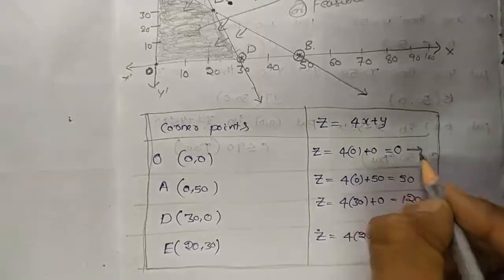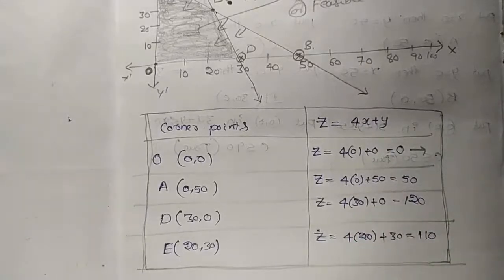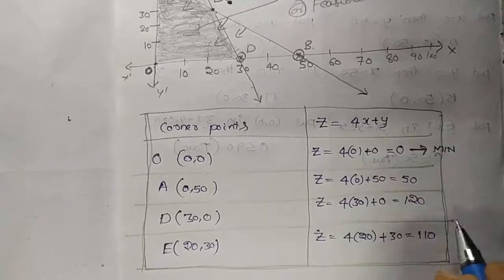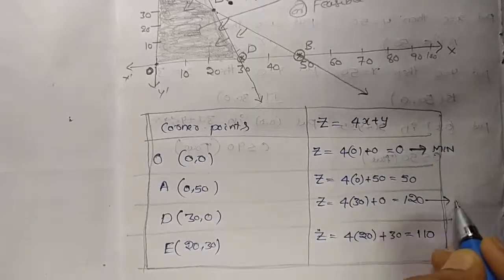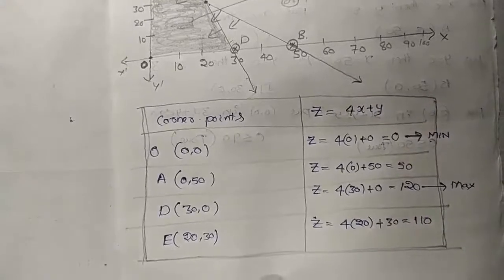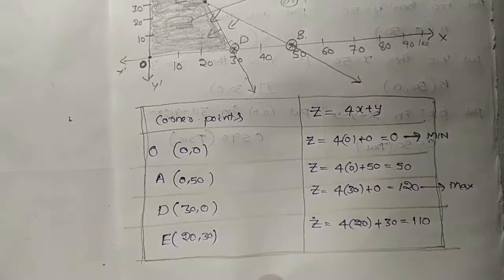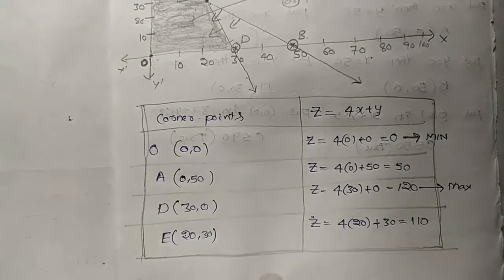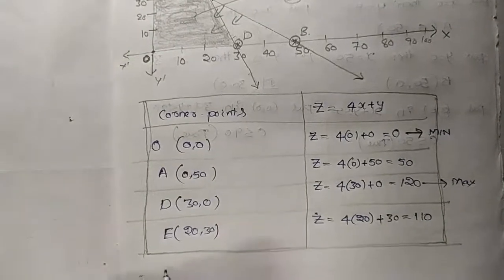See, 0, it is minimum. What about maximum? 120, it is maximum. Minimum value of this objective function is 0. Maximum value of this objective function is 120. Write the conclusion.